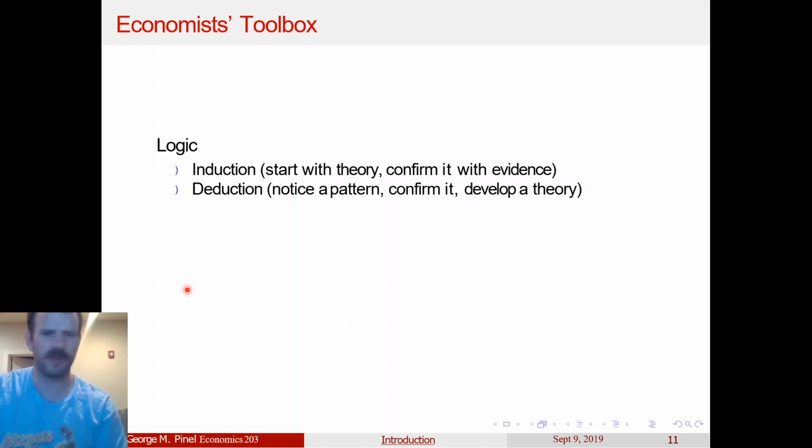New Jersey's got a high minimum wage. Kansas has high unemployment. Kansas has a high minimum wage. So you're seeing the evidence first, and then you piece together, this looks like it might actually be a trend, right? So you notice a pattern, then you'll confirm it. You'll still have to put it through some rigorous tests, and then you'll use that to develop a theory.